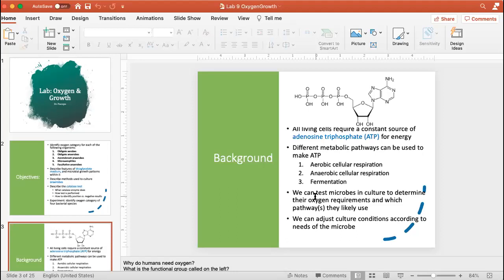In other words, there are ways that we can remove oxygen from a chamber, and that will allow us to grow any microbe that finds oxygen toxic. We can reduce the amount of oxygen in a particular culture environment for organisms that prefer a lower percentage than what's in the air. So we can make all kinds of adjustments once we know what a particular bacterium likes.